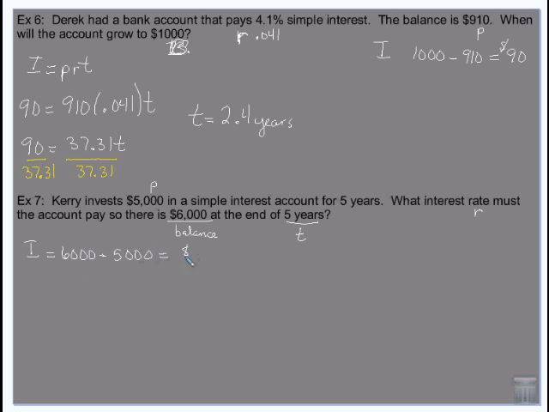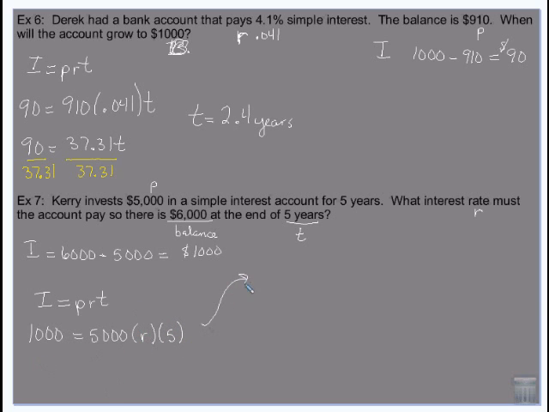So that's $1,000 in interest. So if I want to earn $1,000 by depositing $5,000 at some rate for 5 years, I want to find out what rate that is.